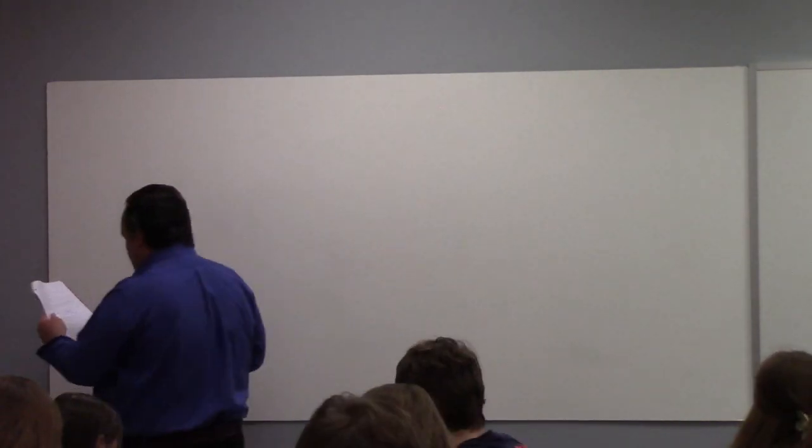All right, so you get started with an example here. So I think this one involves friction a little bit. So we'll see how that goes. So here we go.